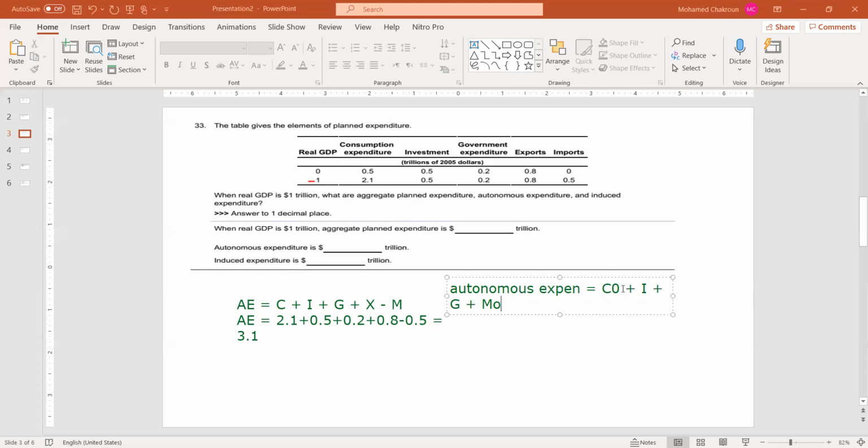The part of imports that doesn't depend on real GDP.